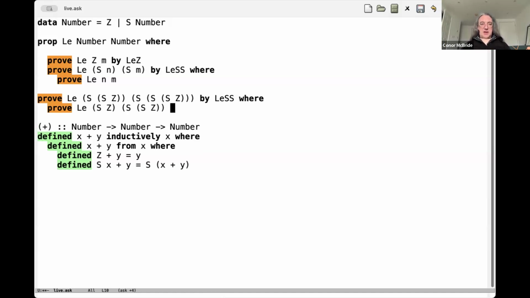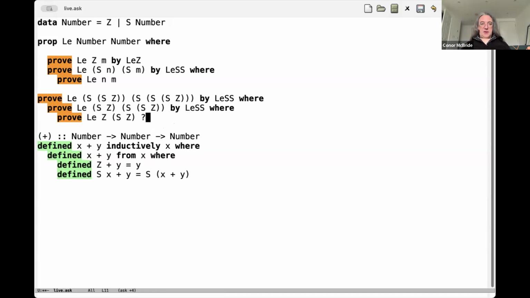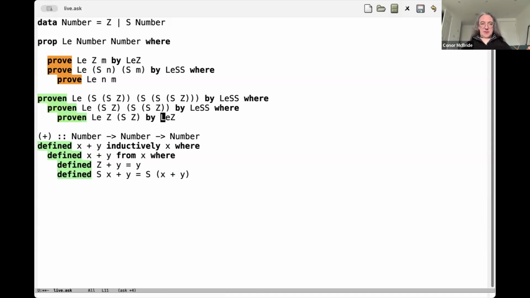We've still got two spuds, and now we've got a 0 on the left. So there we are. That's the deal with these relations: you specify them by saying exactly the only ways that you have available to prove them.